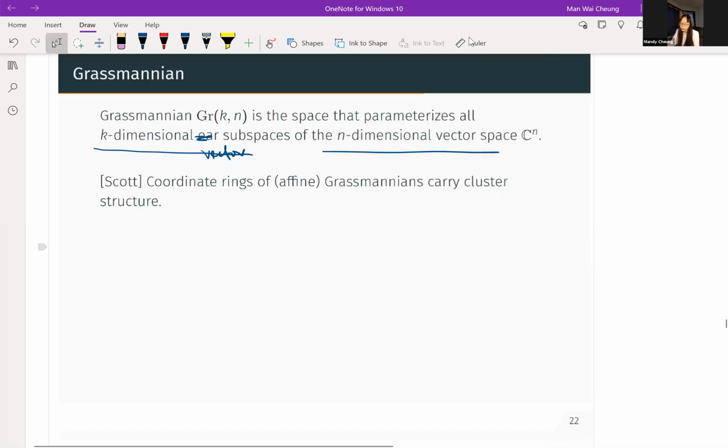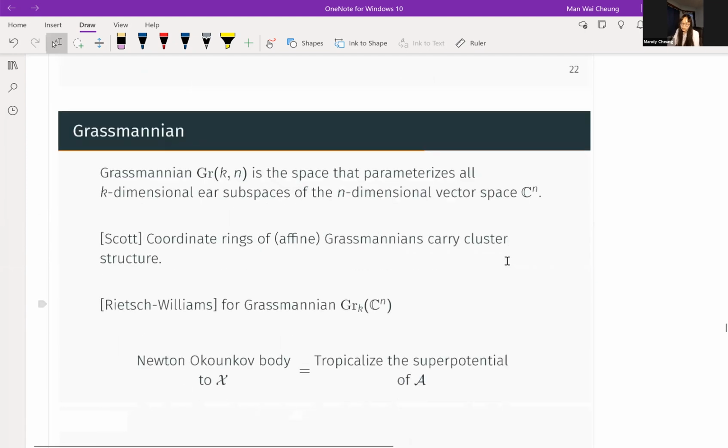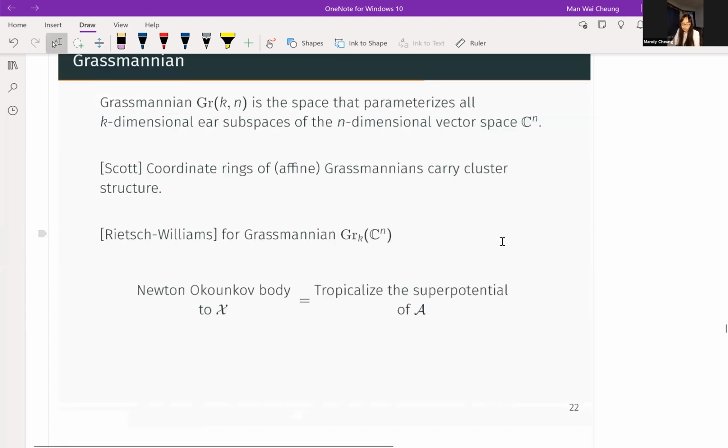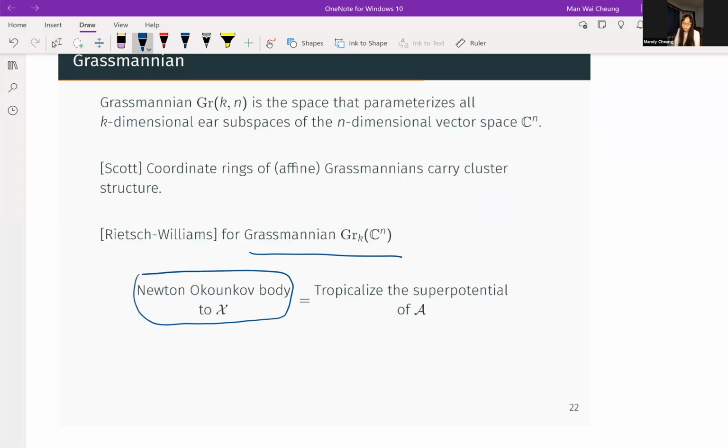And then Rietsch and Williams showed in the paper Mirror symmetry for Grassmannians: cluster duality that for the Grassmannian Gr(k,n), we are going to go over the definition later, but the statement is this Newton-Okounkov body of the X variety, which in the Grassmannian case, the A and X varieties are all Grassmannians, either Gr(k,n) or Gr(n-k,n), is equal to the tropicalization of the superpotential of the A variety.